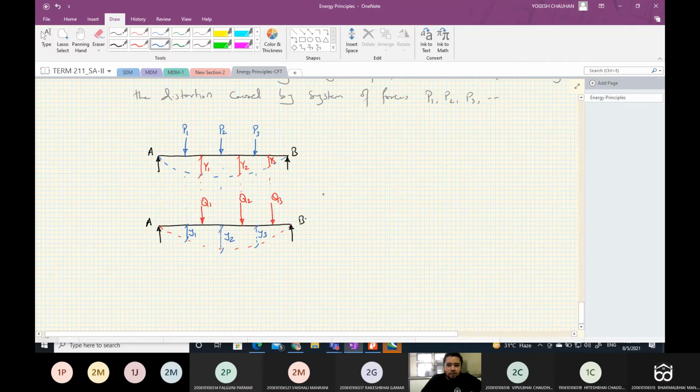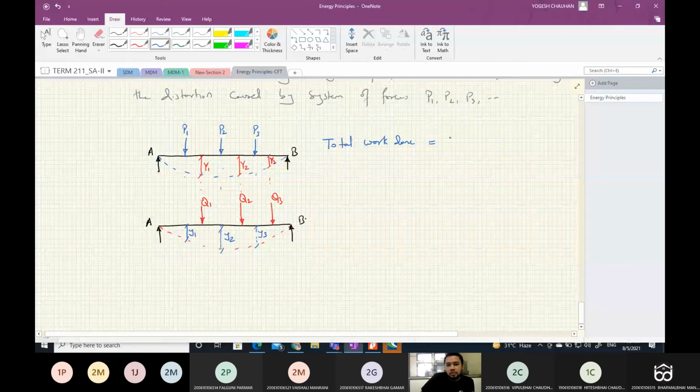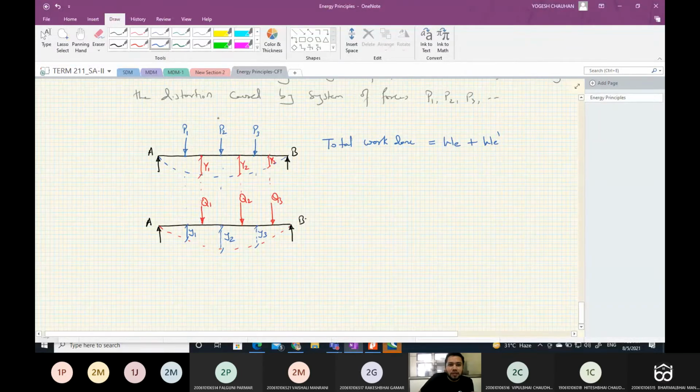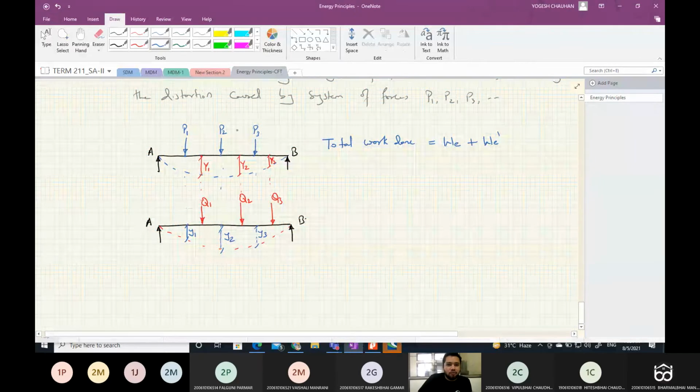So we can write, for the first system, total work done will be equal to WE plus WE dash. What is WE? WE is the external work done by the system of forces P1, P2, P3, and WE dash is the work done by the system of forces Q1, Q2, Q3. Okay, so we apply this system of forces simultaneously.